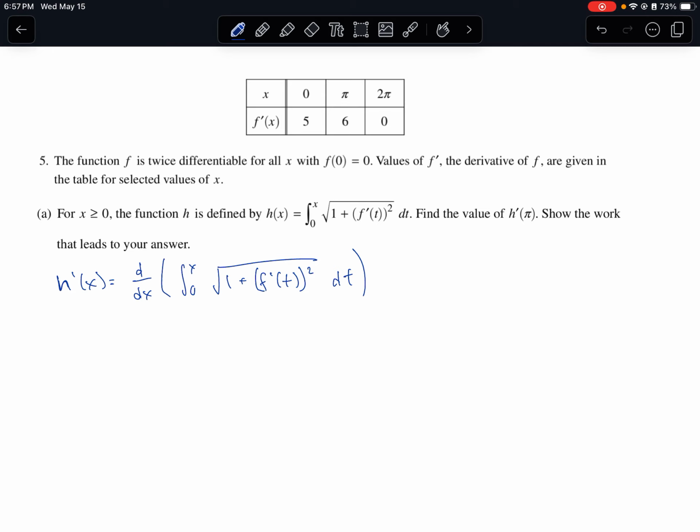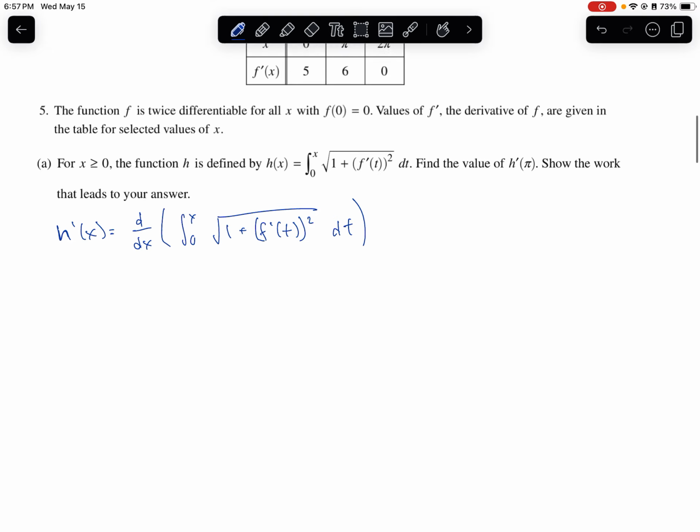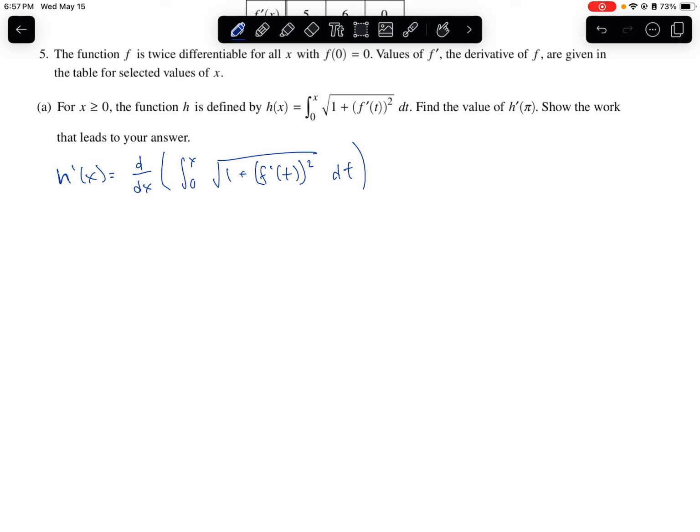I'm probably showing way too much work than I might need to, but in any case, if I'm taking the derivative of this by the fundamental theorem of calculus, they're inverse operations essentially. So h prime of x will be equal to the square root of 1 plus f prime of x squared, just like that. Of course, you would also multiply by the derivative of the upper limit, which would just be 1.